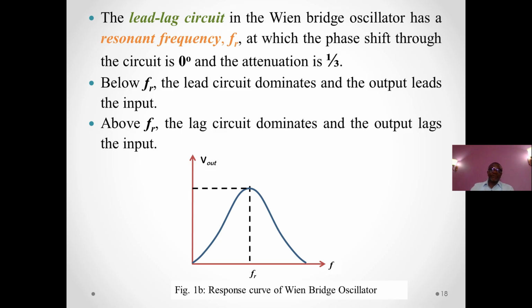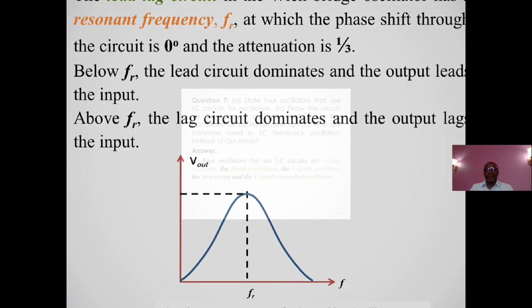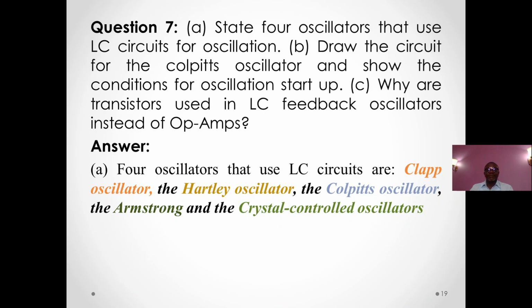Then the lead circuit takes over again, and this signal will go up again, and the process continues to repeat itself, thereby giving rise to an output waveform which is uniform. So that is how the Wien bridge operates.